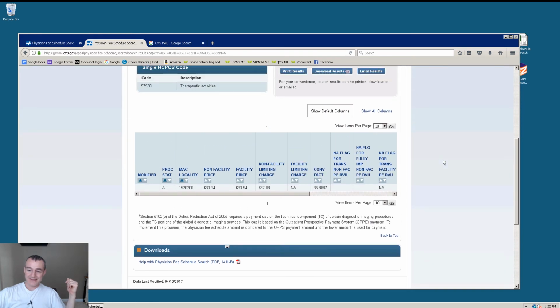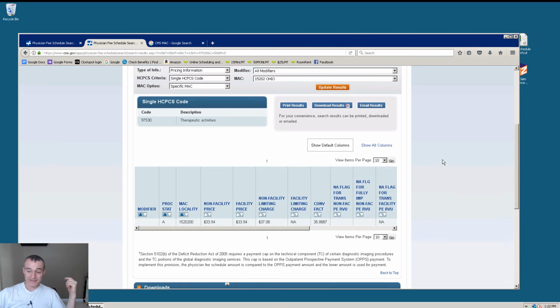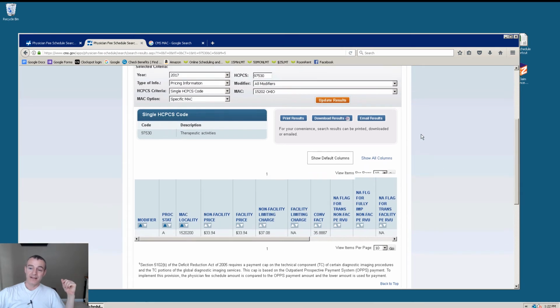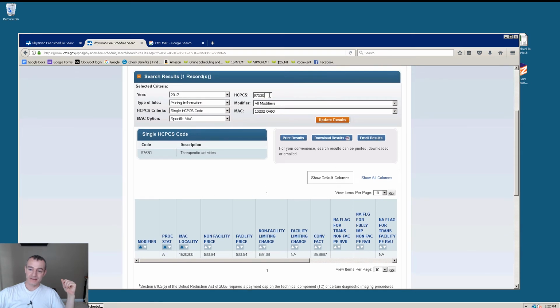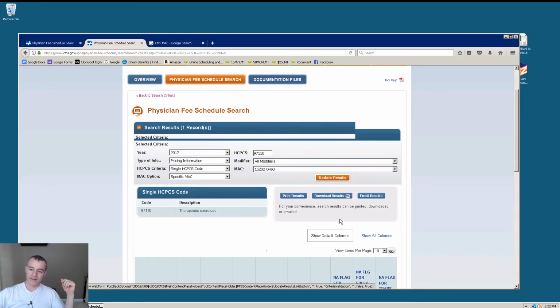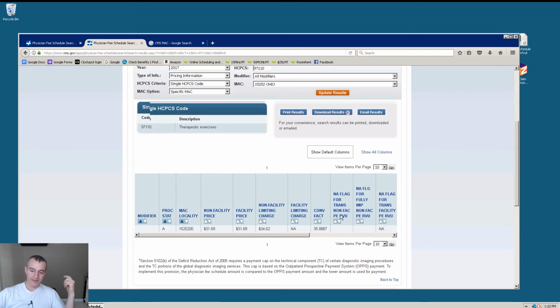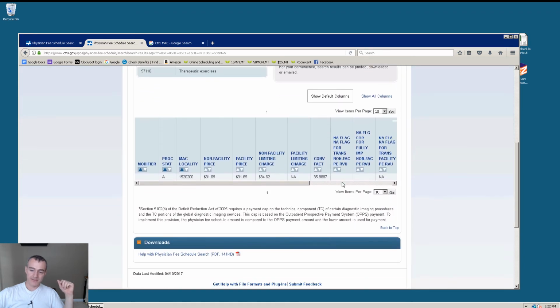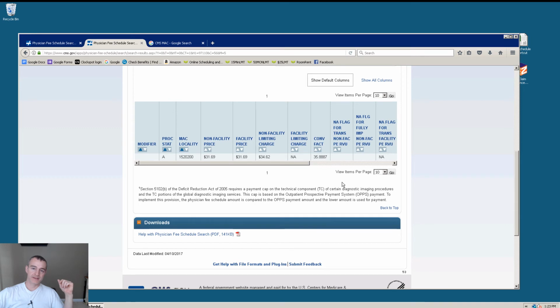It doesn't seem like a lot, 36 to 33, but it's a little over or around a 10% difference. Let me see real quick what therapeutic exercise is in Ohio in terms of the allowed amount. 31, from 33 something to 31 something.